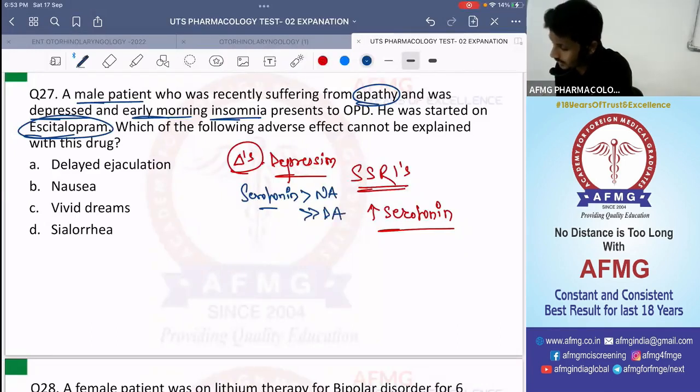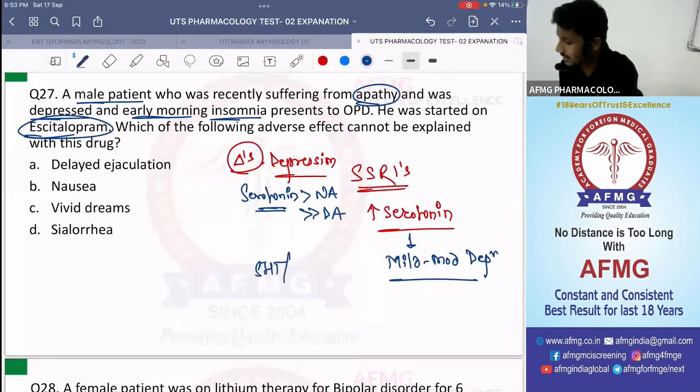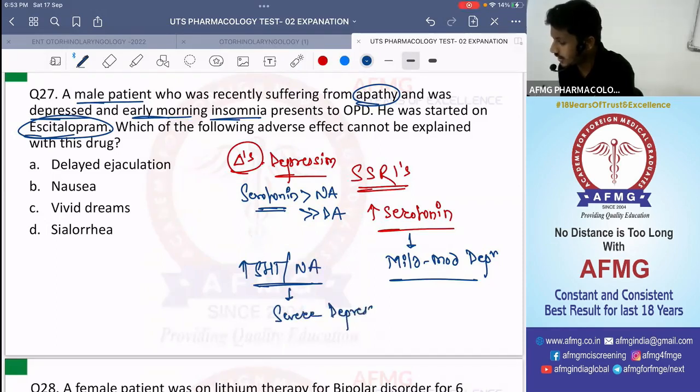Therefore the drugs which will block the reuptake of serotonin and increase the levels of serotonin would be used in cases of depression, okay. SSRIs will only act on serotonin and therefore these are used in cases of mild to moderate depression. So the drug of choice for mild to moderate depression are SSRIs, but the drugs which can block serotonin as well as noradrenaline reuptake will increase levels of both. These would be used in conditions of severe depression. And which are the drugs which are serotonin norepinephrine reuptake inhibitors?